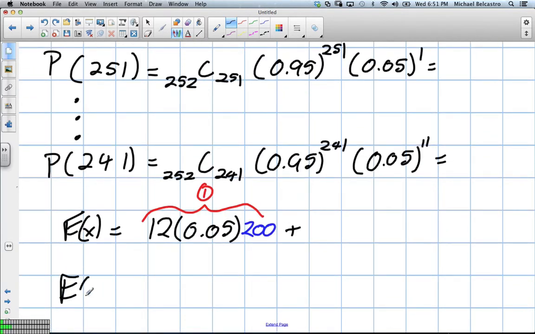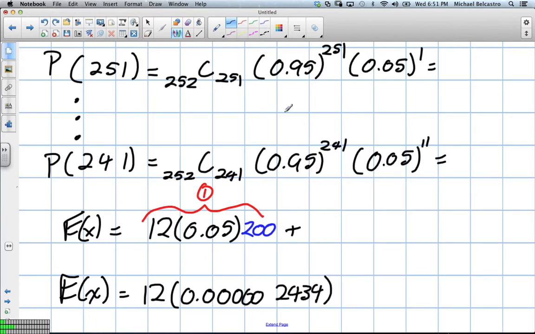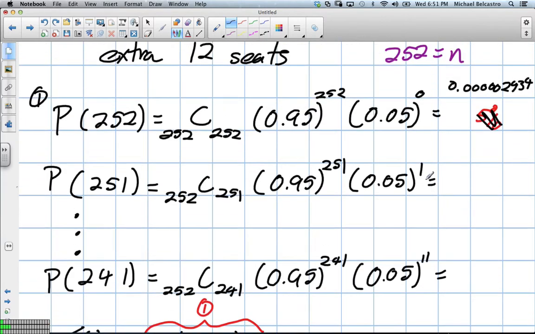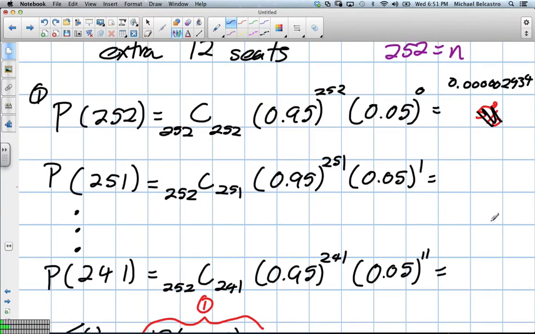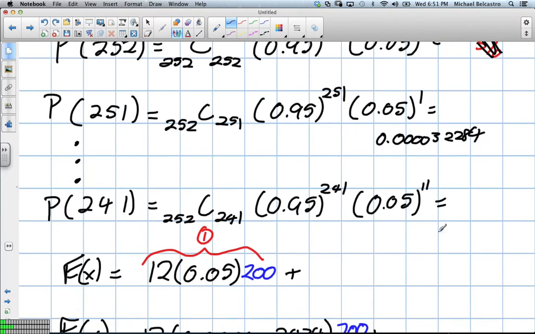Let's find out the exact value. The probability of 12 people being overbooked is 2434. Did you find the second probability? Probably really small. So there'll be four zeros in front, and the digits are 32284. That's the probability of the second event.